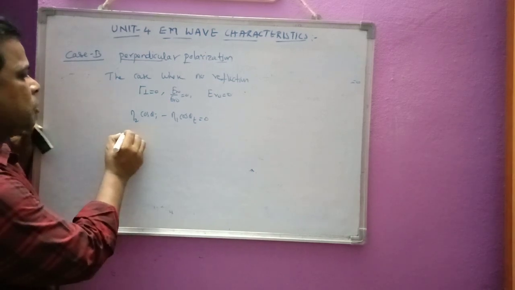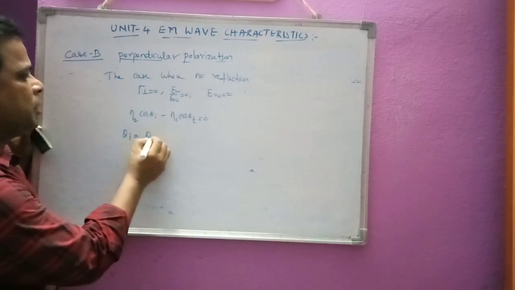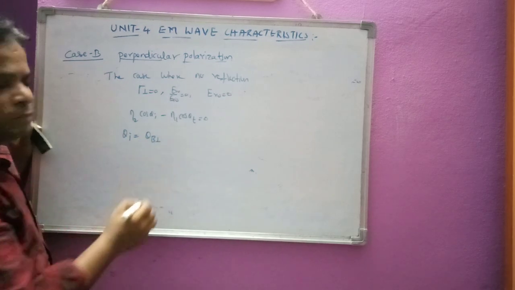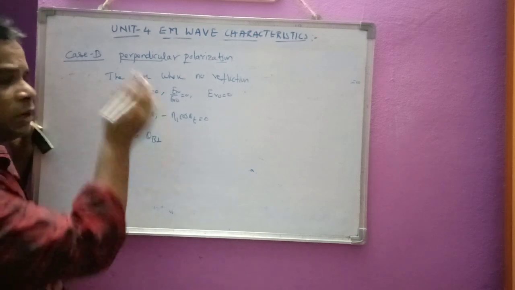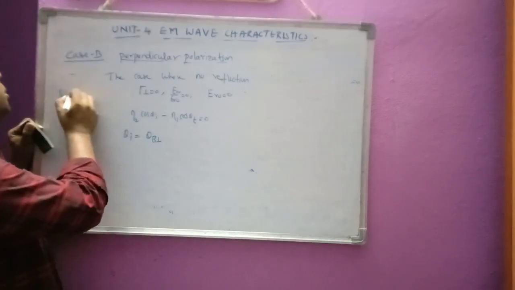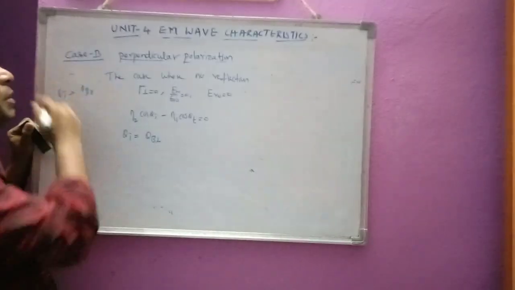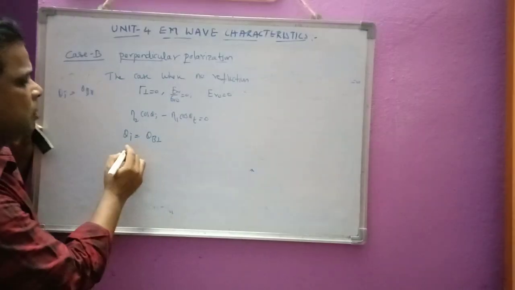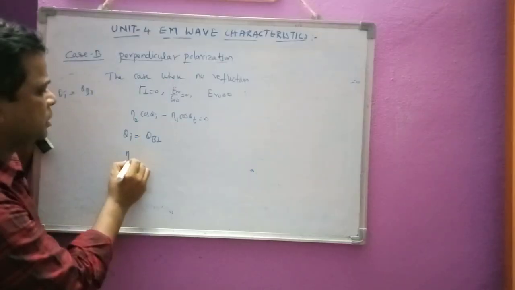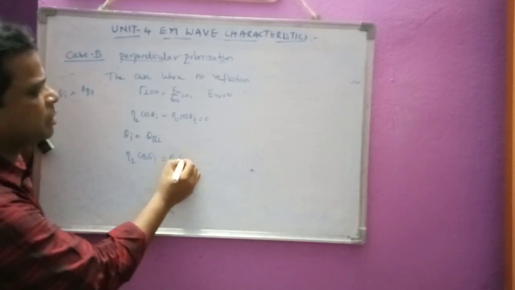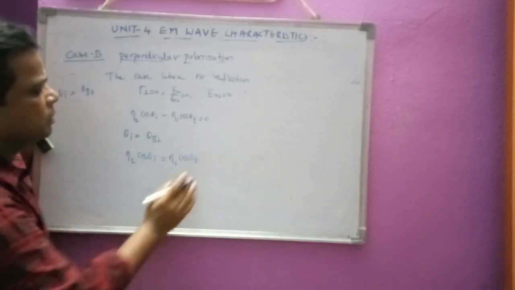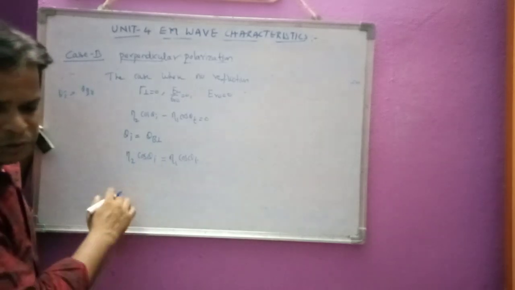That is, we set theta I to theta B perpendicular, as we set theta I equal to theta B parallel in the previous case. Now eta 2 cos theta I is equal to eta 1 cos theta t. Now squaring on both sides, we follow the same procedure.